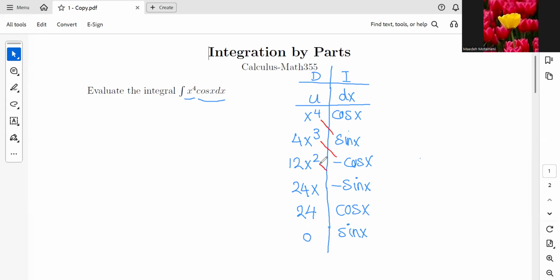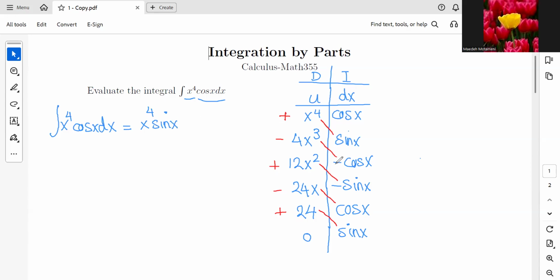Now we're going to multiply them like this. These are multiplied together, and we start with positive, negative, positive, negative, and positive. So the only thing that is left is writing the answer as you see here. So the integral of x to the fourth cosine of x dx would have the answer of x to the fourth sine of x.